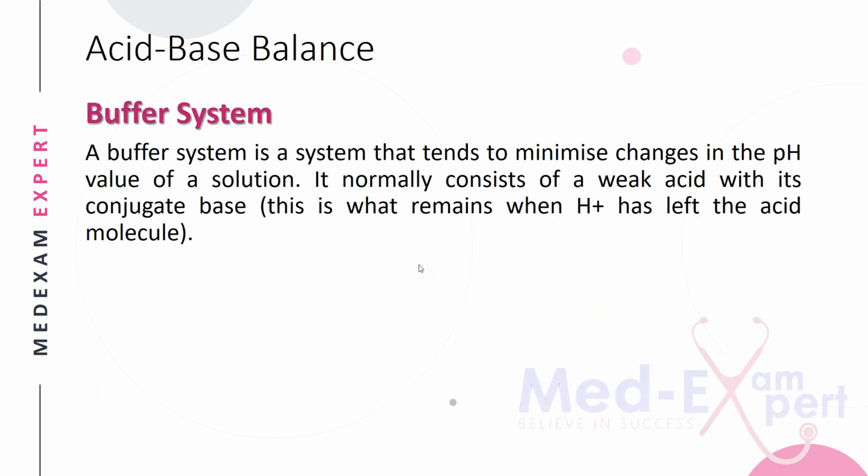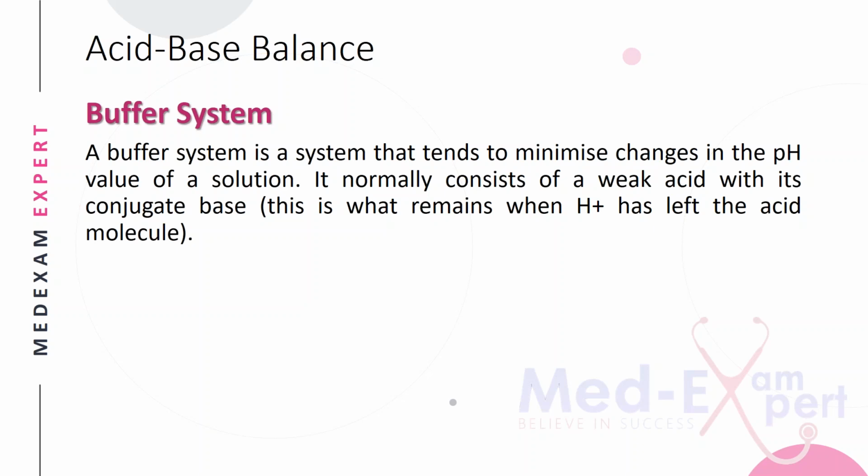So also we have another concept. We have to know this concept, very superficially, what's called the buffer system. The buffer system is the neutralizing system. This is the system which tries to minimize any change in the pH, to keep the pH in the normal range. It actually consists of a weak acid, like we have mentioned, the carbonic acid, for example, with its conjugate base.